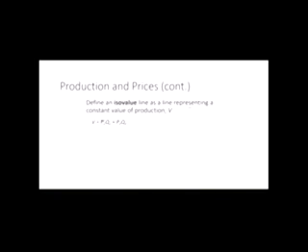We get a straight line for the iso-value, where value remains constant, and minus PC by PF is actually the slope of this line, whereas V by PF is the intercept. V by PF will be the intercept of our iso-value line.